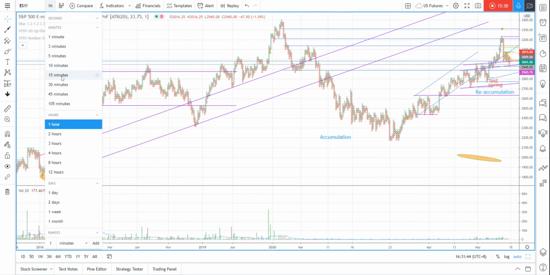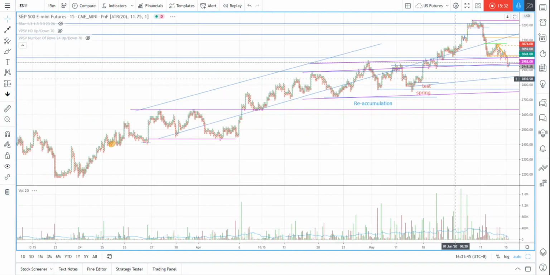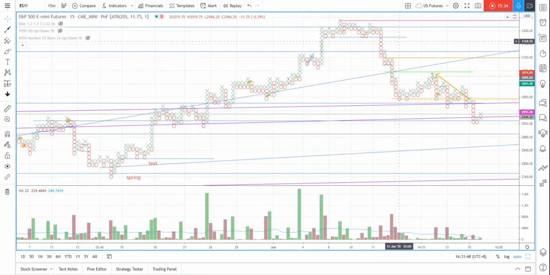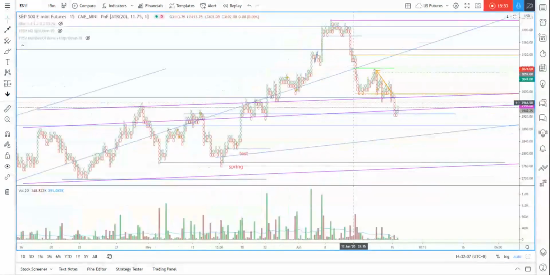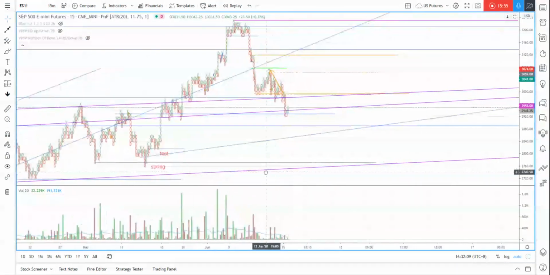I can use 15 minutes. So you can see that the cause built for the distribution is really this little portion, and subsequently, based on the projected calculation target, it has been fulfilled, especially just now.